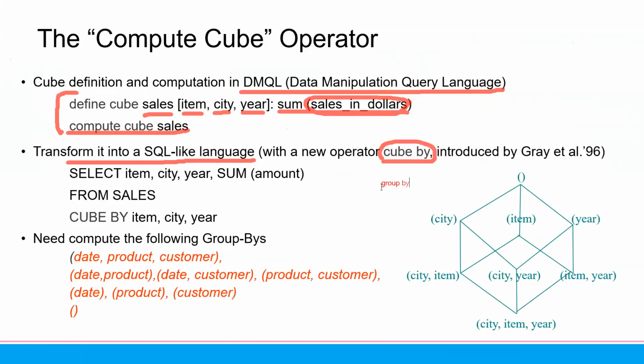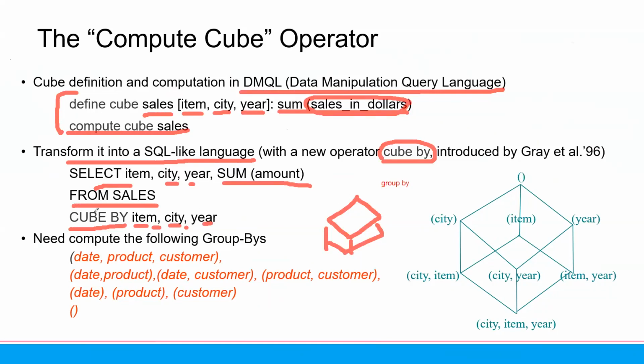But when we deal with a data warehouse, we can use cube by. For example, if we select the item, city, year, and then we want the sum from the table sales and cube by item, city, and year, we will make a single cube with the 3 dimensions item, city, and year.